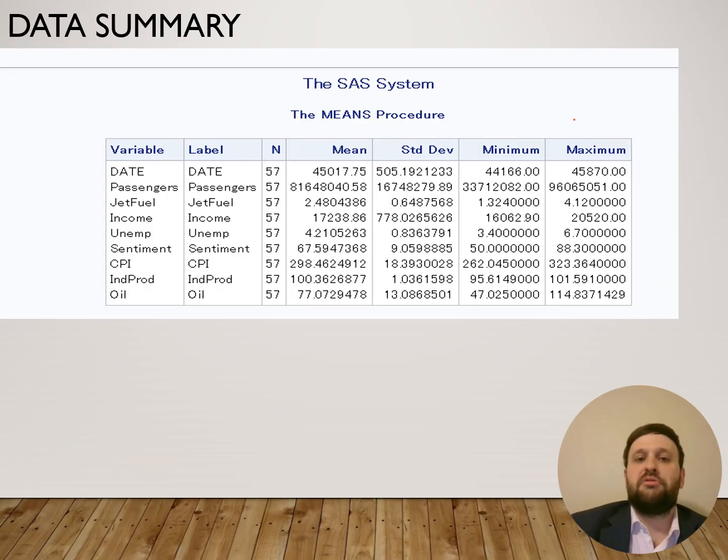And this gave me a total of 57 months of data, and all the variables were collected from federal and industry sources. Passenger volume was my dependent variable, and the predictors that I had included were jet fuel prices to capture cost pressures, and disposable income to capture consumer purchasing power.